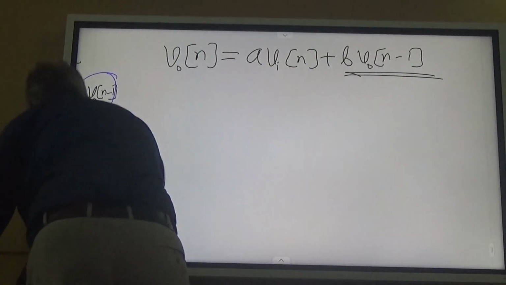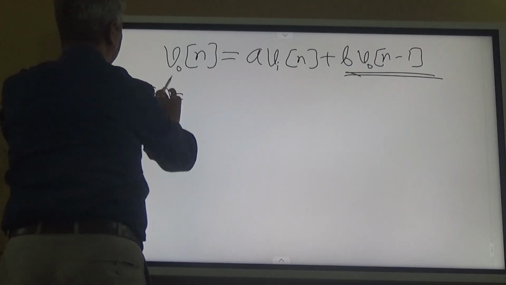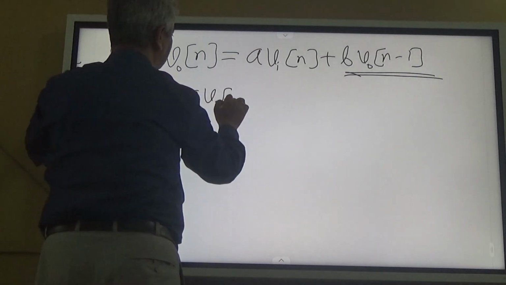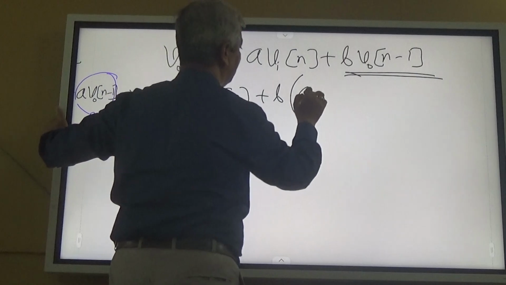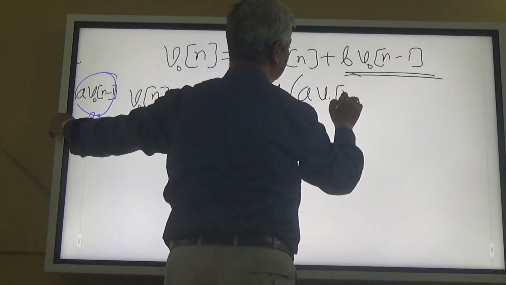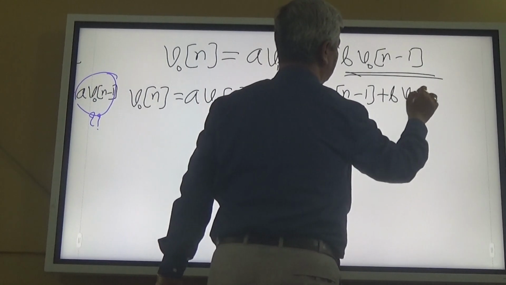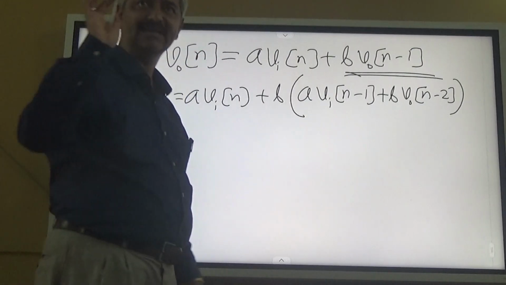So what I can get, V0n is equal to A V_in n plus B into bracket. What is V0n ultimately? A V_in n minus 1 plus B V0 n minus 2. Is it right? Yes.